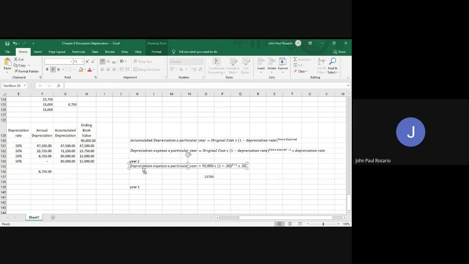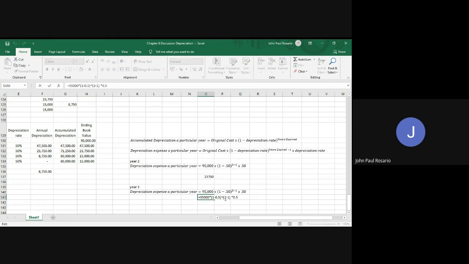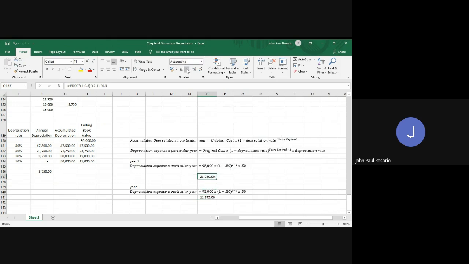But you have to be careful, because like for example, on year 3, it will be very different, because if you would do this, this is the unadjusted depreciation expense that we got, right? Remember? But we adjusted it para ma-maintain nato tong 15,000 nato na salvage value.